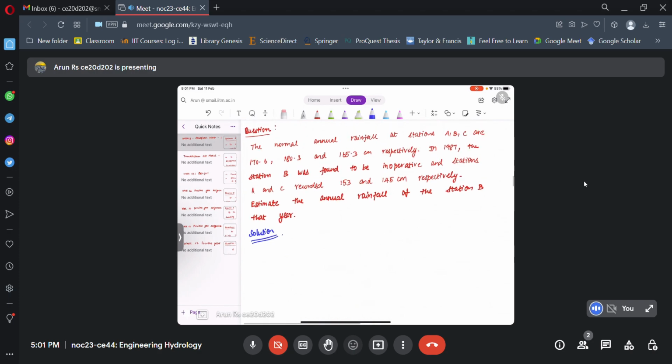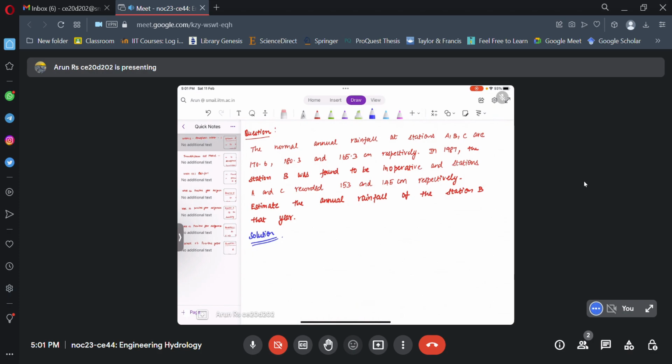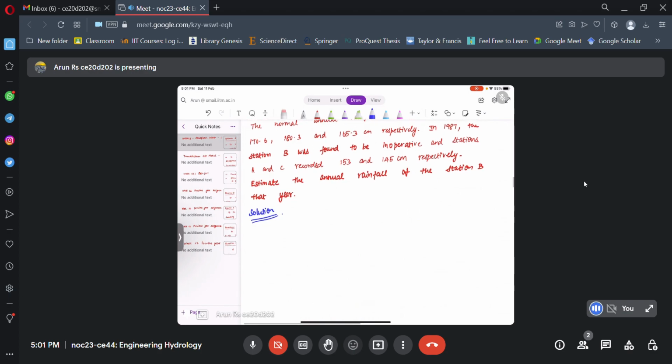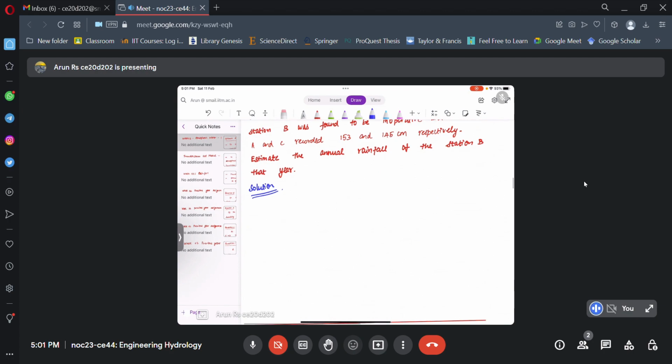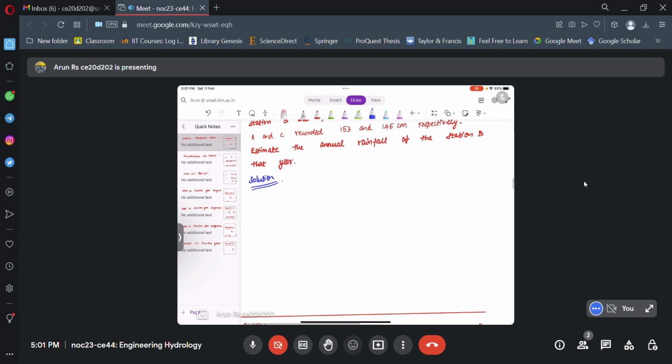The normal rainfall at the stations A, B, C are given as 170.6, 180.3 and 165.3 centimeters. In 1987, the station B was found to be inoperative, and the stations A and C recorded 153 centimeters and 145 centimeters respectively. Estimate the average rainfall of station B in that year. So now we need to check.